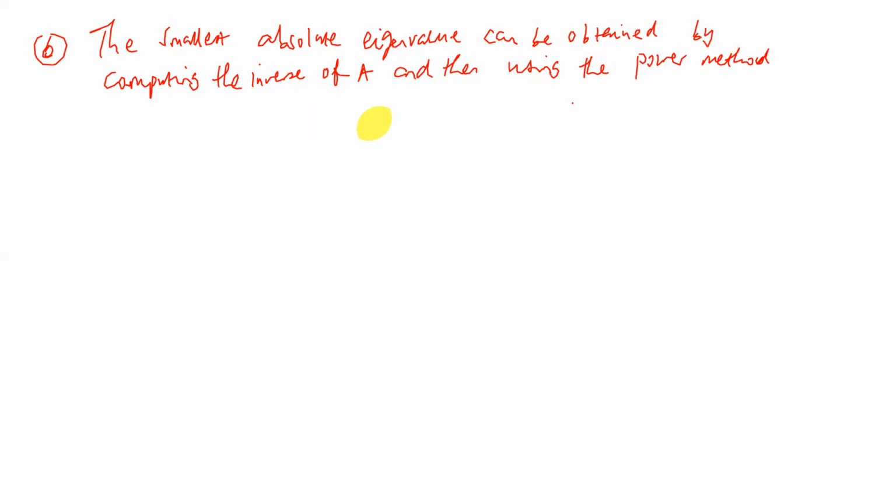The power method, because we always start with AX equals lambda X, because that is the eigenvalue eigenvector equation.